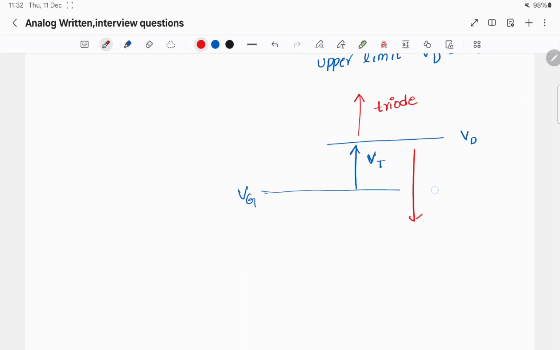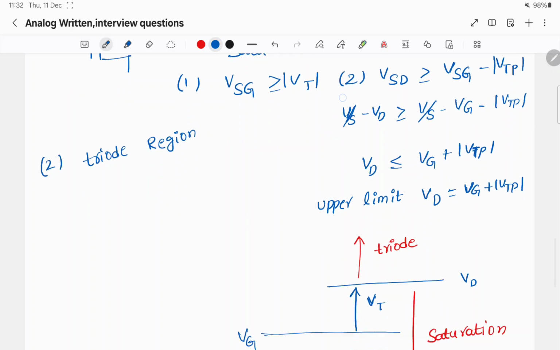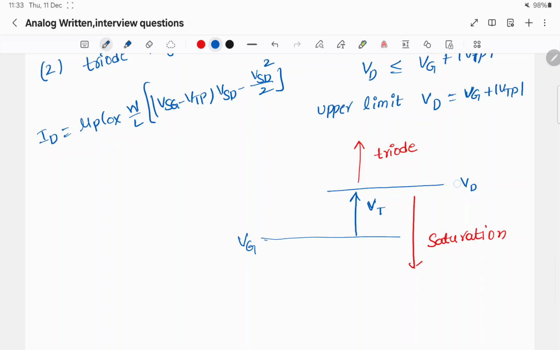Below this, it is saturation. So similarly, in triode region, ID will be mu p Cox W by L into (VSG minus VTP) into (VSD minus VSD square by 2).